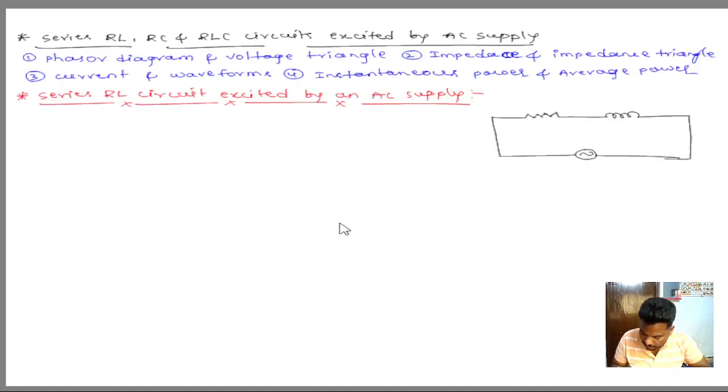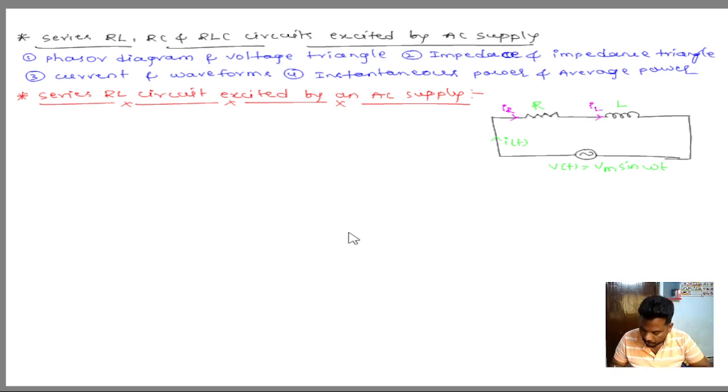And the resistor is R, inductance is L, and the source voltage v of t is equal to Vm sin omega t, and the current flowing through the circuit is i of t, the instantaneous value of current. The current flowing through the resistor we are calling IR. The current flowing through the inductor is called IL.